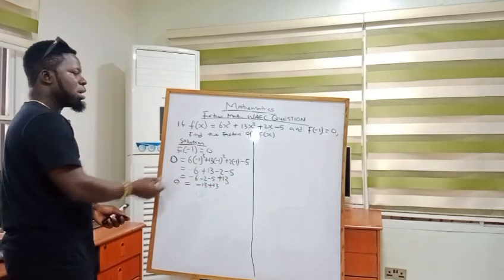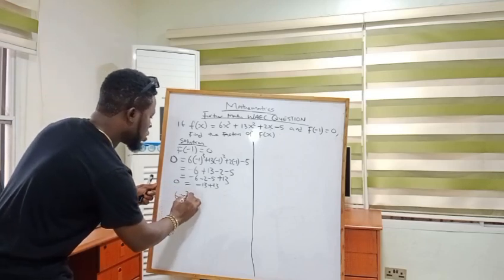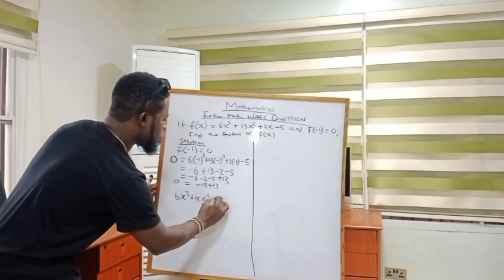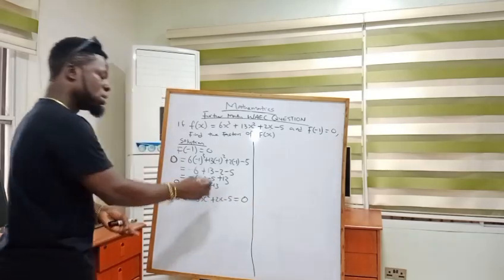0. So since you've gotten that, you can now equate 6x cubed plus 13x squared plus 2x minus 5 to 0, which is equation 1.